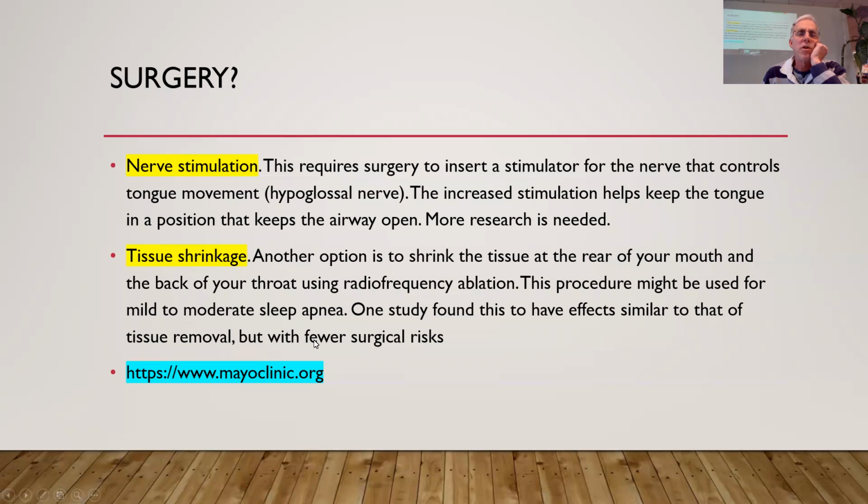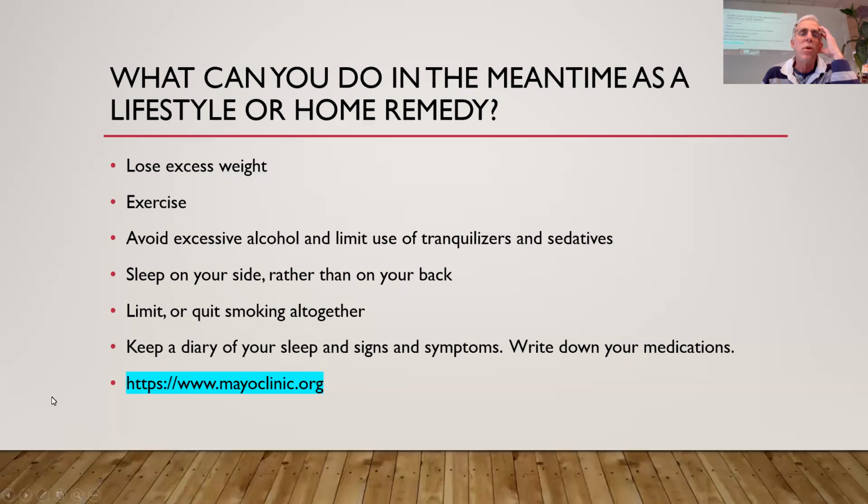Now the tissue shrinkage, the ablation, that's being currently used. One study found this to have effects similar to that of tissue removal, in other words surgery, but with fewer surgical risks, like being put under anesthesia and other things involved with surgeries in general.